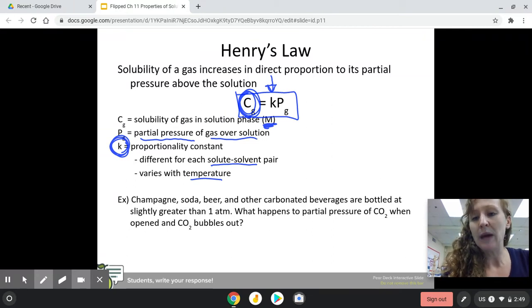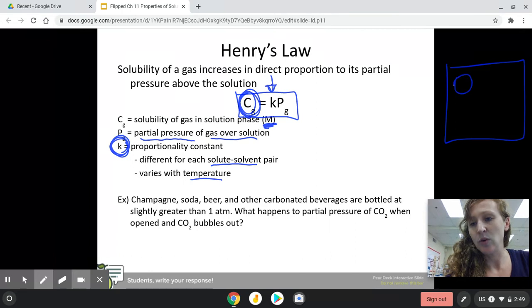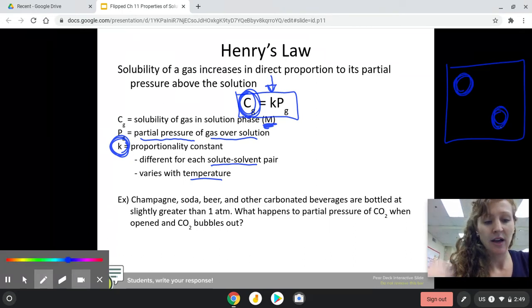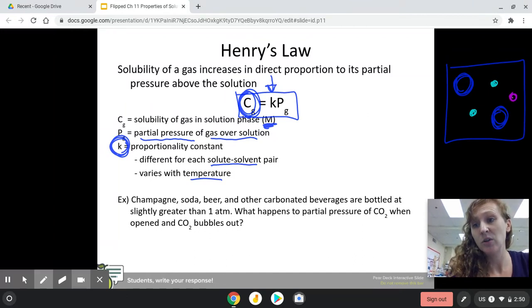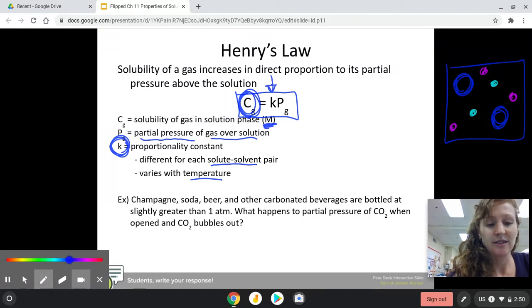So if you imagine you have a container, and in that container you have carbon dioxide molecules, and you have some oxygen molecules, and you have some nitrogen molecules.